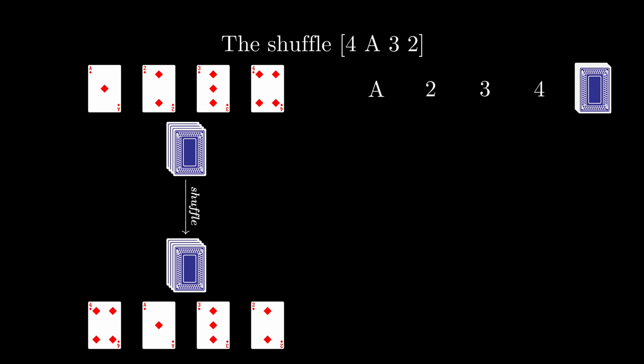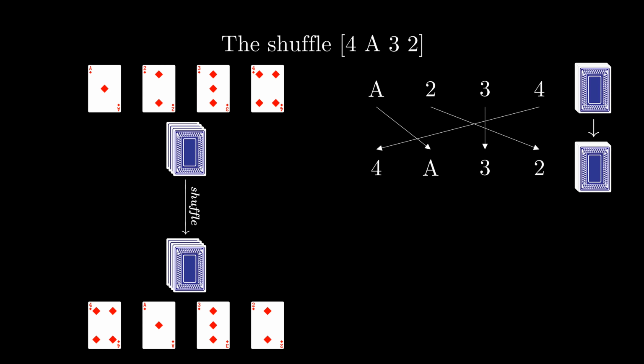So far we have done the shuffle once. We can draw that action like this. Let's do the exact same action to this new layout of cards. To repeat it, we just apply the same arrows.